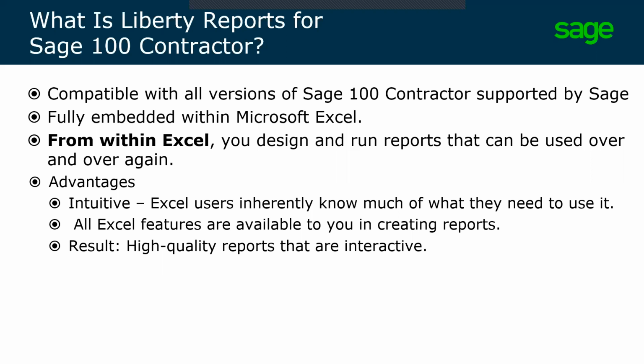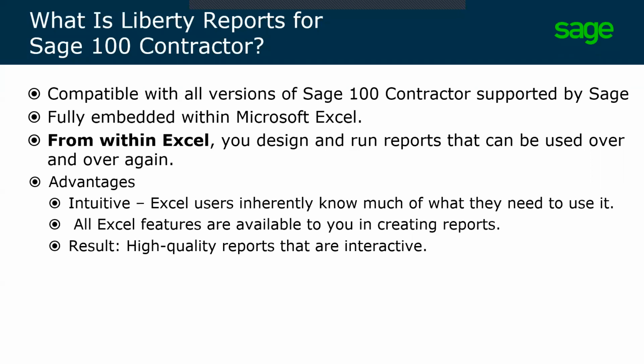So you're going to be able to leverage visual elements or consolidation elements within Excel. Visual elements like charts and graphs, and consolidation elements like pivot tables and things like that. All of those things are accessible to you in Excel. You already know this. But you're really able to leverage this because you're connecting to your Sage 100 Contractor data from within Excel.